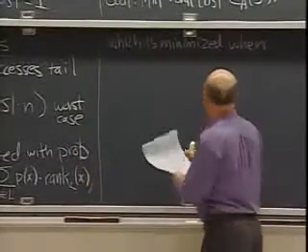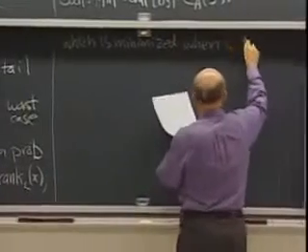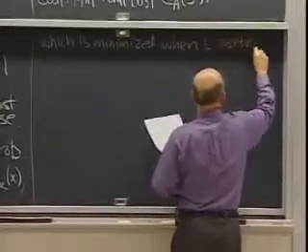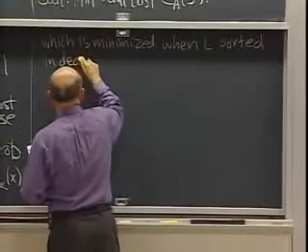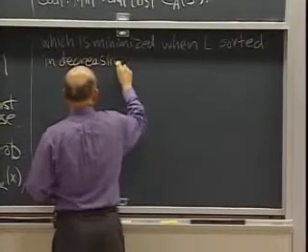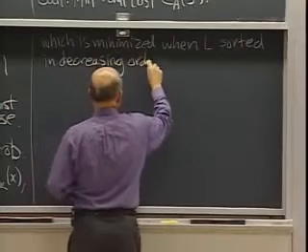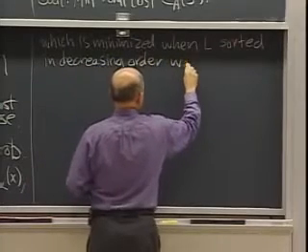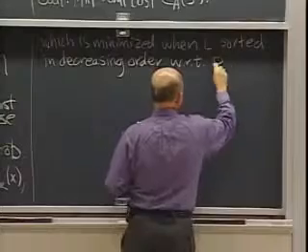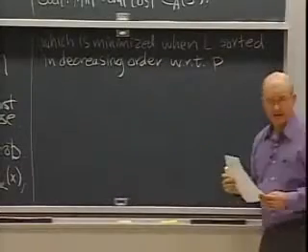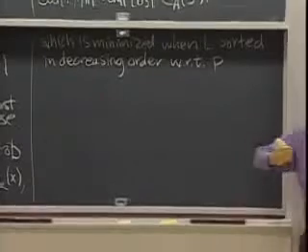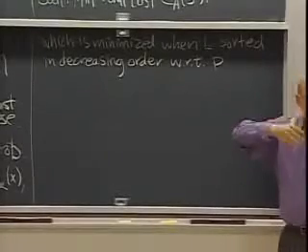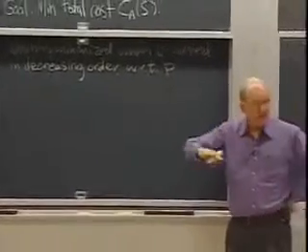So it's minimized when L is sorted in decreasing order with respect to p. We sort them with the most likely one at the front and then decreasing probability.